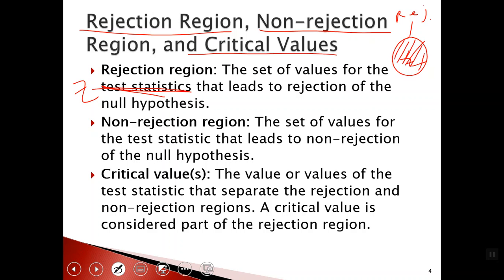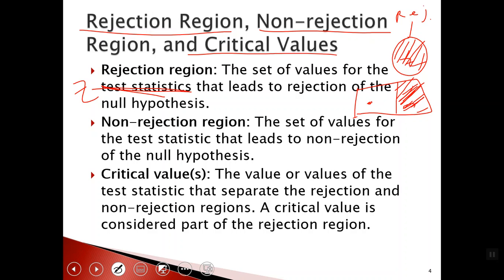I'll show you that by using another picture. This is my total area. Let's say this colored one is the rejection area.